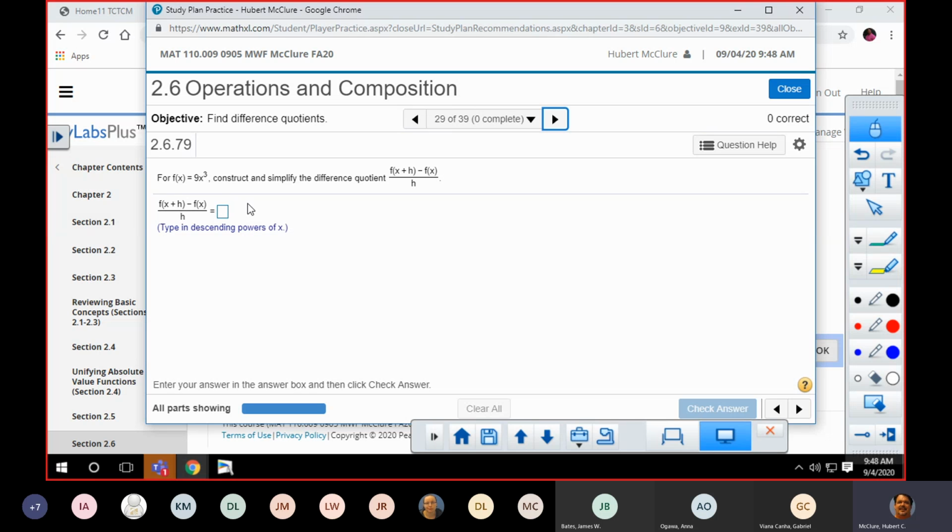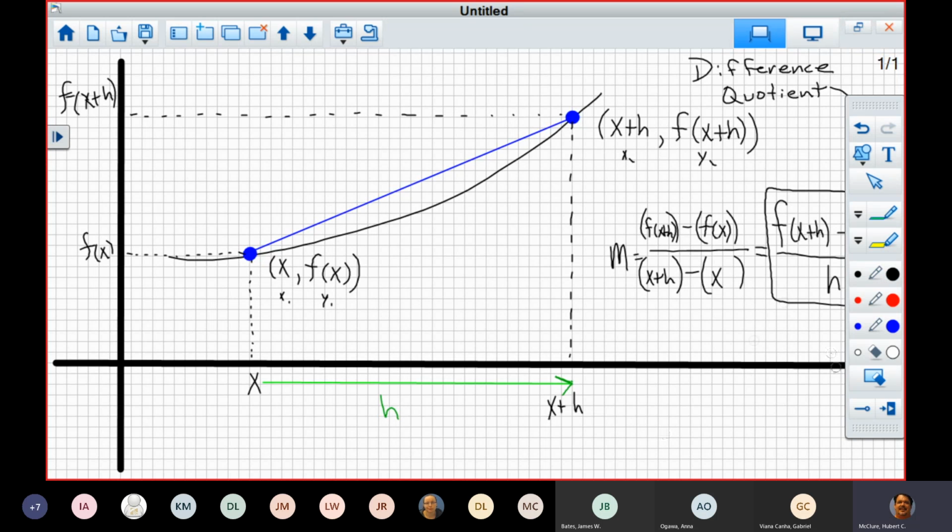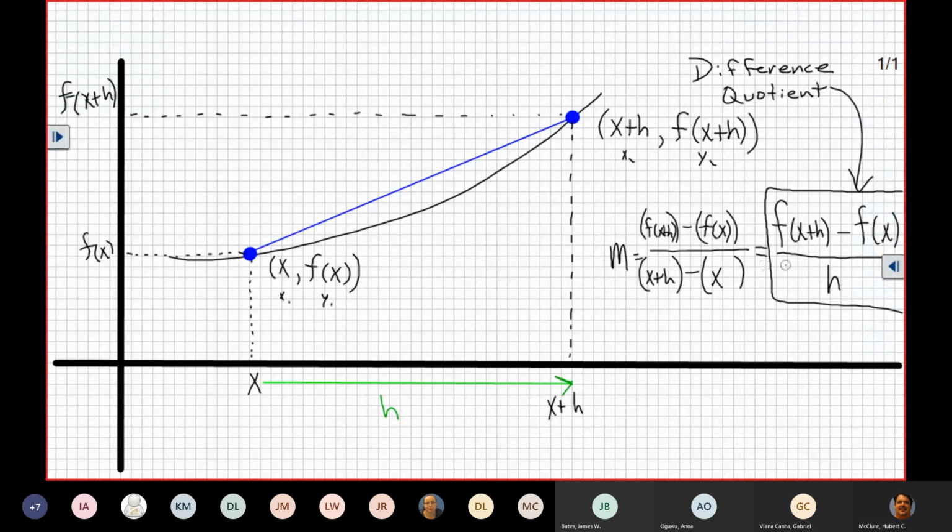And this is 2 or 3 test questions. These are test questions I will put on the test. And I will bet your bottom dollar, if you take a standardized test, you're going to see the difference quotient. All it is is a slope. But in this case, you're not given 2 points, you're given a function. And that's the difference. See, the function is actually the slope.